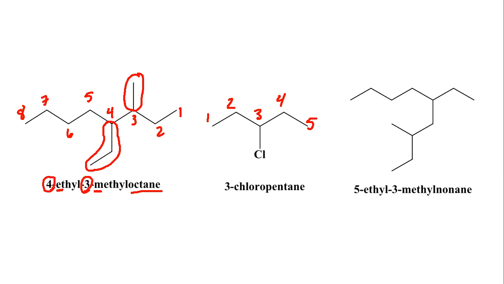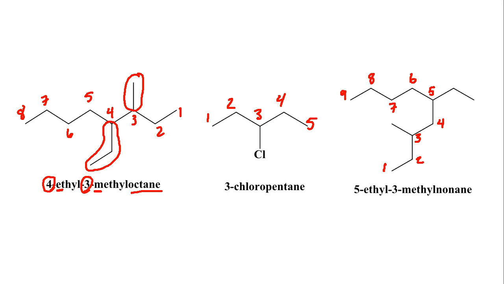Because that's what's going to give the lowest number of substituents here if you were to count it. And if you don't believe me, you can try it out different ways and try to figure it out. So, 1, 2, 3, 4, 5, 6, 7, 8, 9.